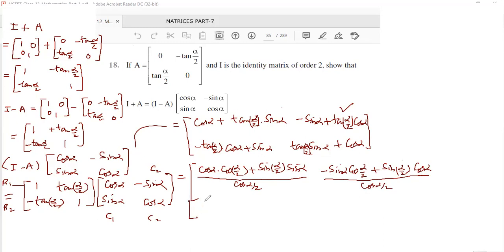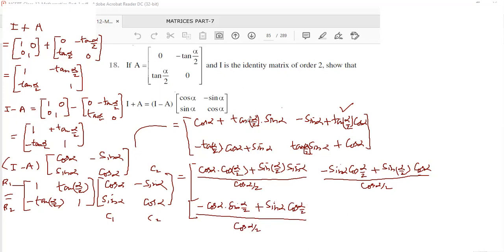Similarly, here again convert: cos alpha into sin(alpha/2) plus sin alpha into cos(alpha/2), and the whole term is divided by cos(alpha/2).